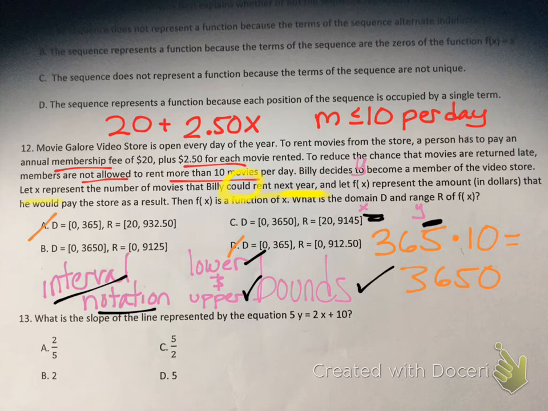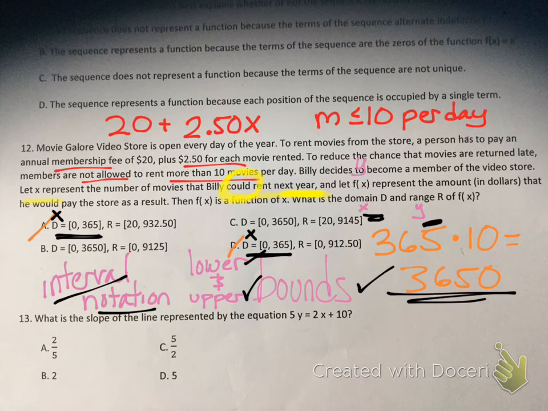So if you look at choices A and D, the domain part, the X value, the input, it starts at 0 and it ends at 365. But he could rent 3,650 movies in 1 year. And the domain is talking about all of the X values that would represent the amount of movies he's renting per year.